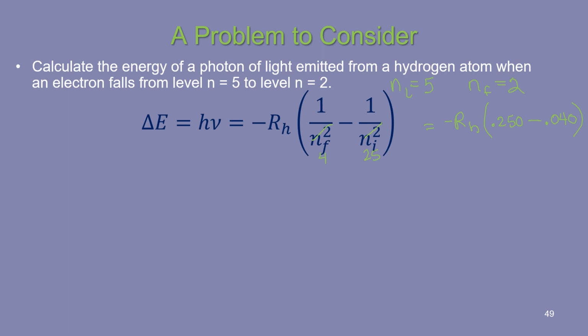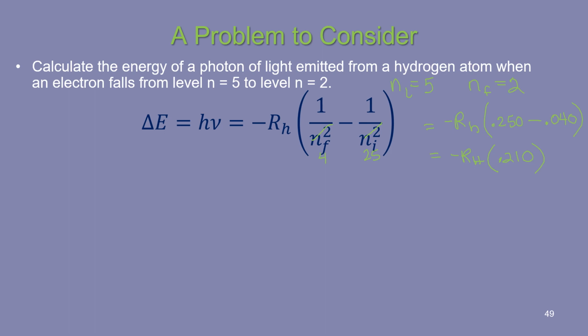So what's this equal to? It's just going to be negative RH times 0.210. It looks much more complicated than it is, because really we're only going to be using whole numbers, and not huge numbers. We'll really probably be using 1 to 6 or 7 at the most. So this shouldn't be too hard to solve.